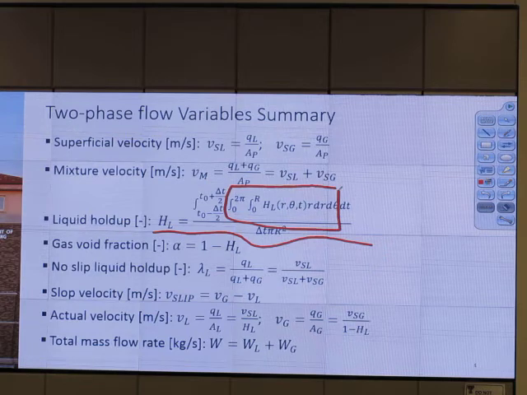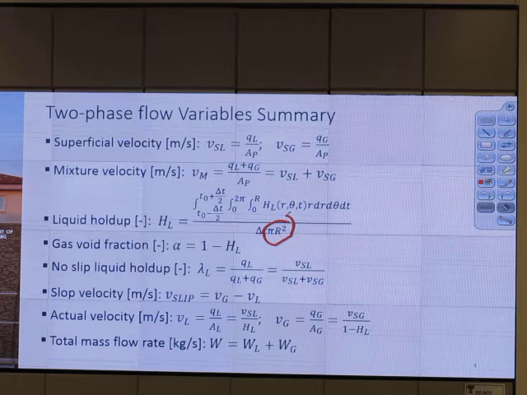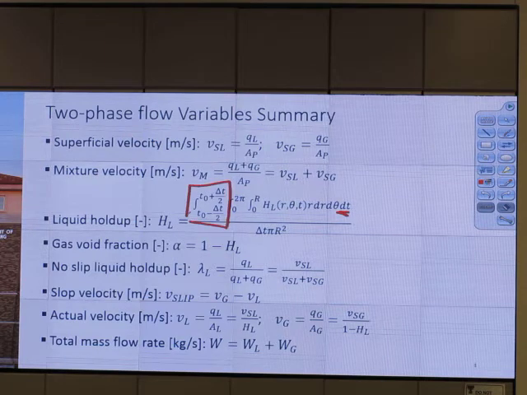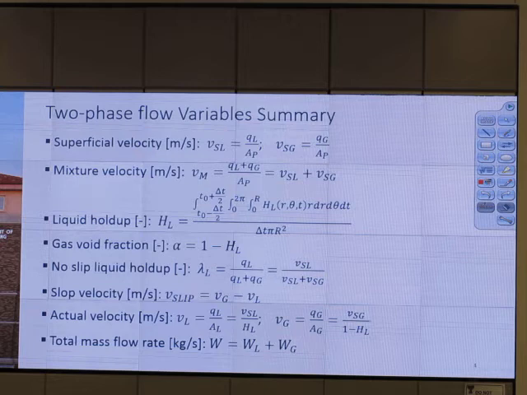Then we divide it by the total area, pi R squared, to get the fraction of liquid holdup. Then we do a time average from T0 minus delta T over 2 to T0 plus delta T over 2, divided by total time. So we get liquid holdup at a certain instant in time, a certain T0.